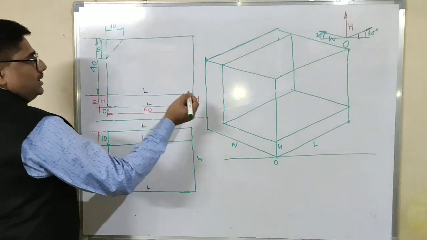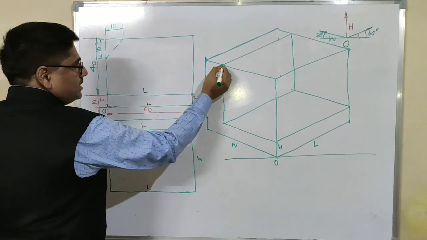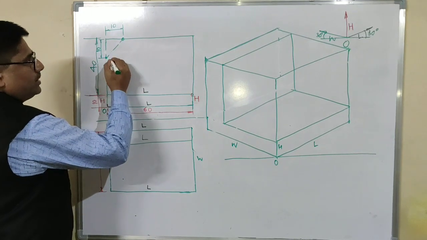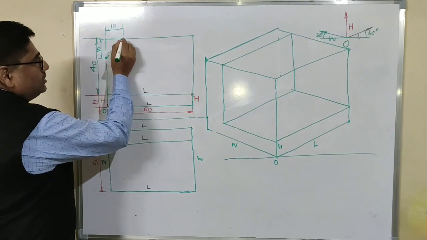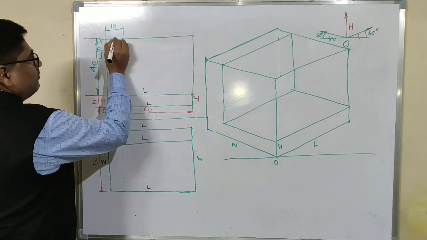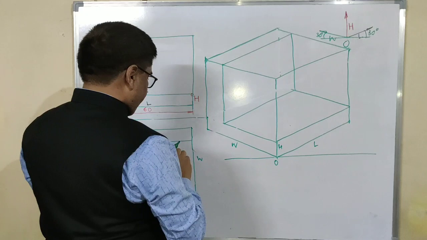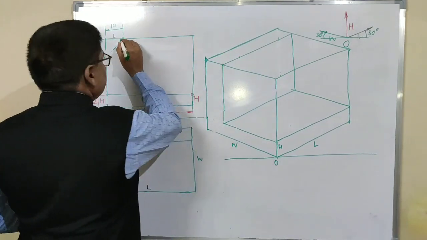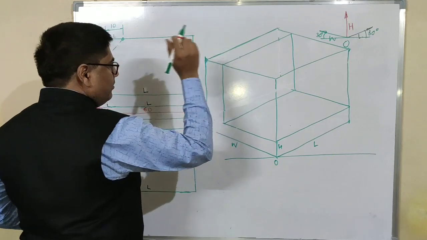Now see, this point is here, and let us try to locate this point and this point. See, to locate this point, I should go parallel to length by 10 mm. Therefore, this point will be somewhere here, 10 mm.